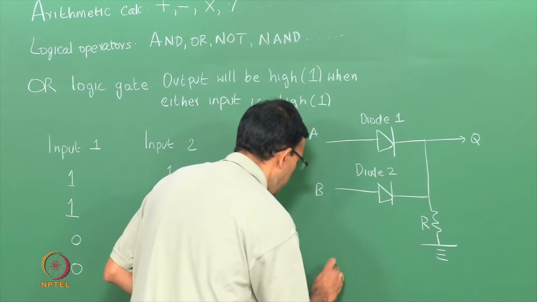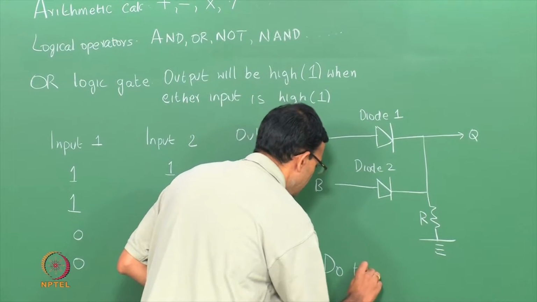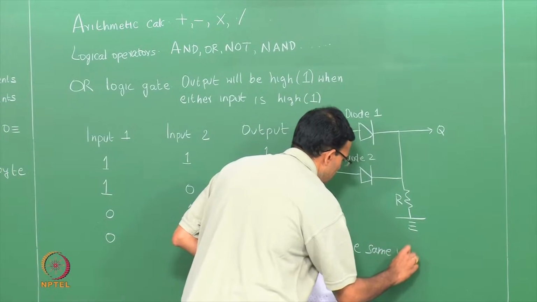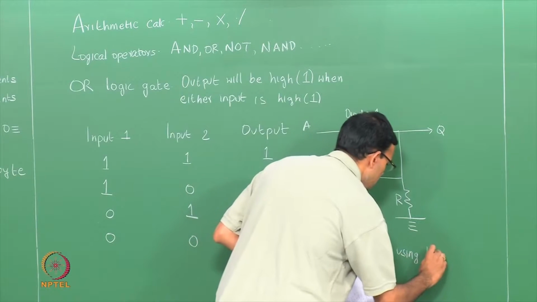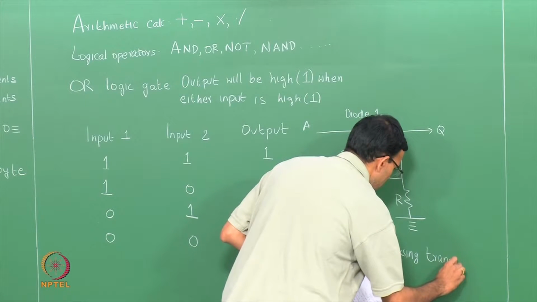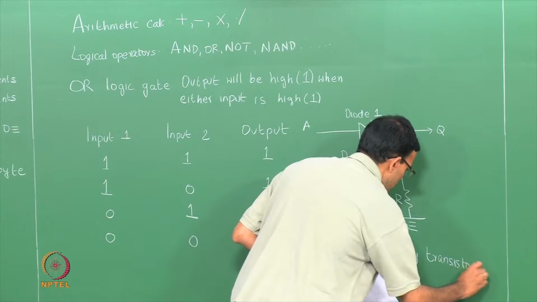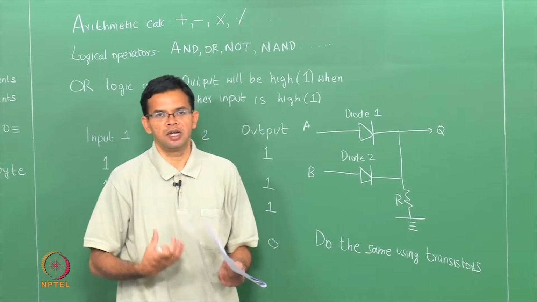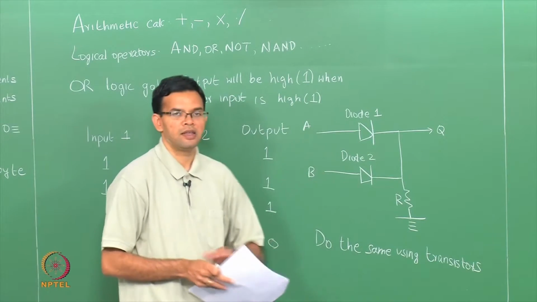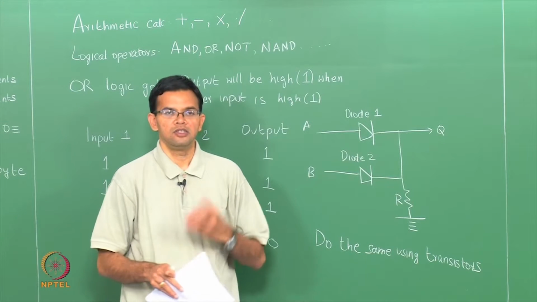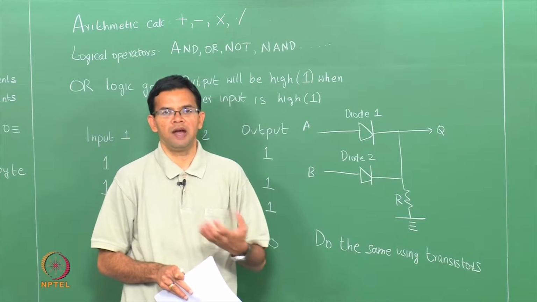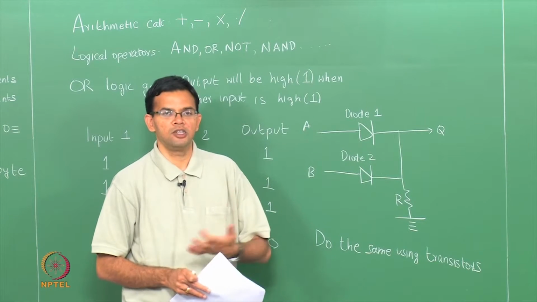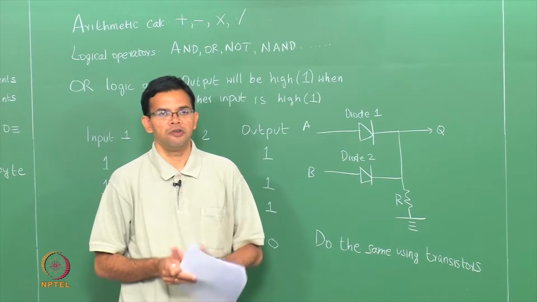You could do the same using transistors. We will not talk about the circuit implementation using transistors, but something similar can also be done. And since all of these are essentially fabricated devices, we can fabricate these simple logic gates onto your wafer.